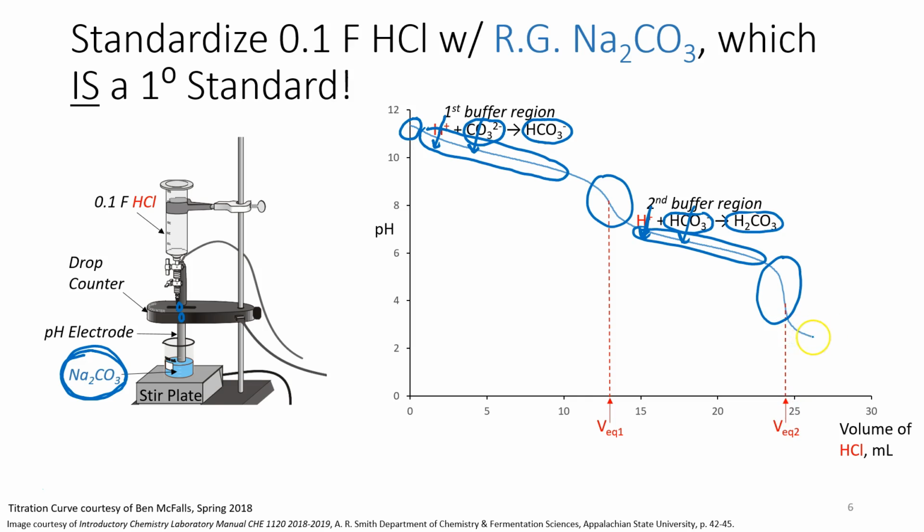And then you'll want to titrate a little bit beyond that equivalence volume so you see this little tail here. Now, these volumes, VEQ1 and VEQ2, will be used to determine the actual concentration of this 0.1 formyl HCl.